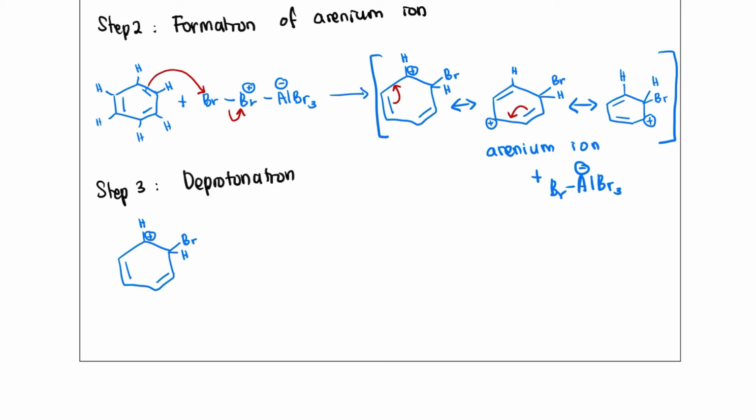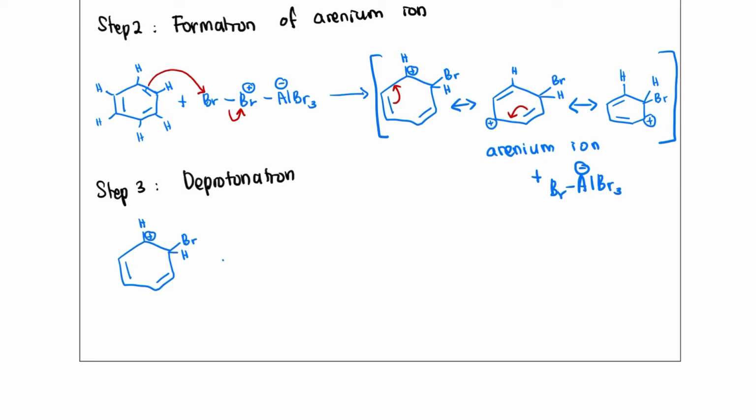Kita akan guna our catalyst kita tadilah. Catalyst tadi kita dah jadi AlBr4- kan. Okay, so asal catalyst ni adalah AlBr3. So kita akan jadikan AlBr4- ni jadi balik AlBr3. Because catalyst usually kita akan dapat balik at the end of the reaction.